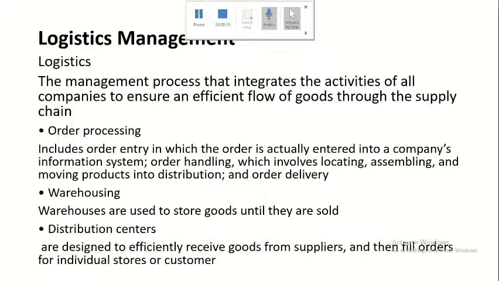Order handling involves locating, assembling, and moving product into distribution, and order delivery. And then warehousing. Warehouses are used to store goods until they are sold. And then distribution centers. They are designed to efficiently ship goods from suppliers and then fill orders for individual stores or customers.